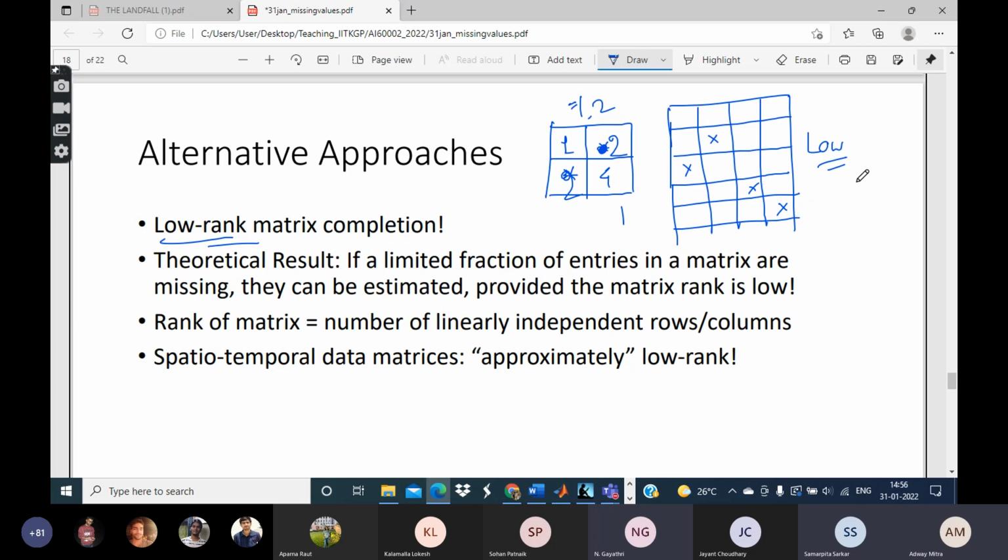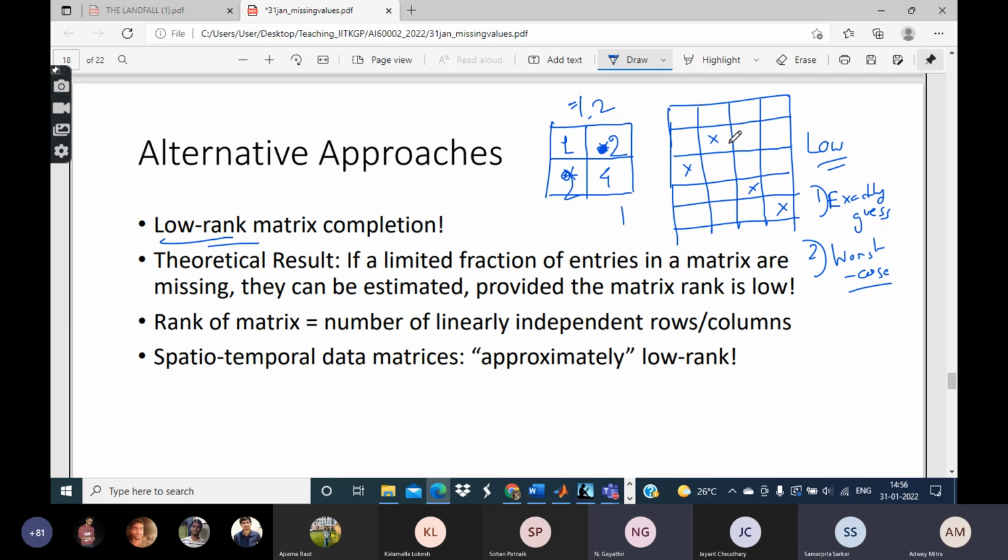So there are two possibilities. One is that you exactly guess it. The other is you can give some worst case guarantees, meaning that the guess which you have made may not be the perfect guess, but the net error cannot be more than a particular value.